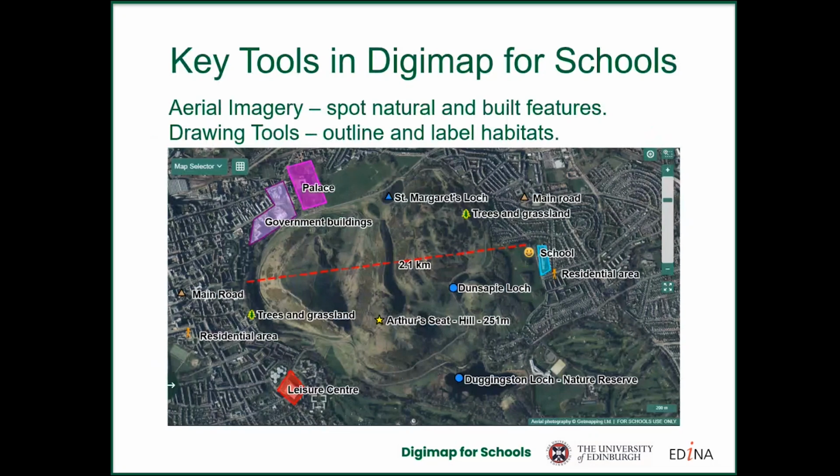Let's look at the main tools that Digimap for Schools has for you, and that they are quite powerful for exploring habitats. First, the aerial imagery. This allows the students to spot real natural features such as woodlands, rivers, and ponds right from the classroom. The drawing tools let them outline habitats or zones and label species.